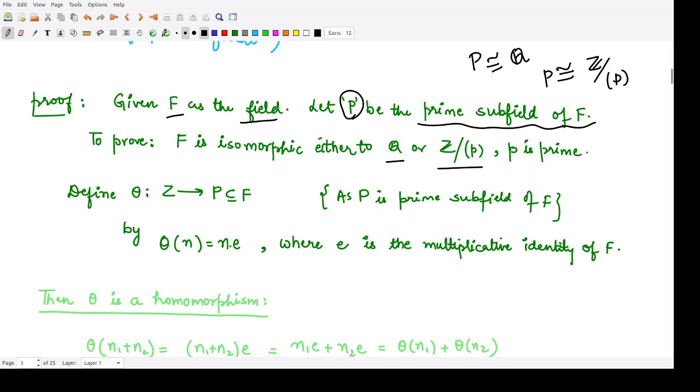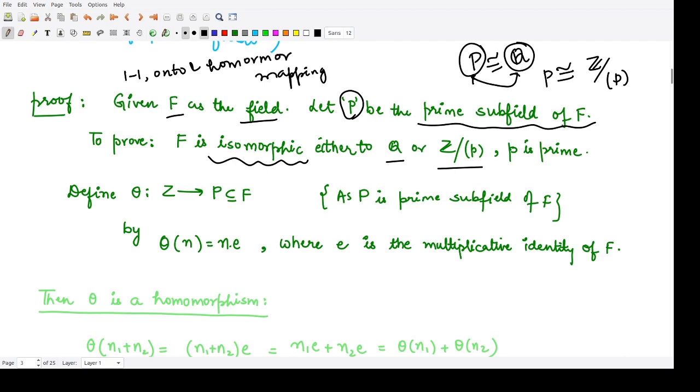To prove this to be an isomorphism, we have to define a mapping from this set to this set, which relates these two, such that the mapping is both one-one and onto, and it is also a homomorphism.